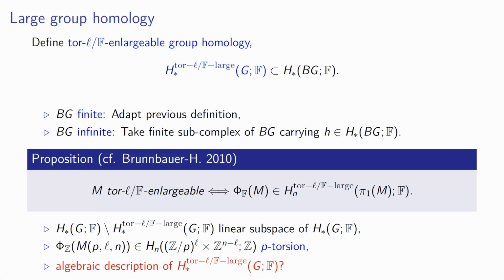At this point, one could ask, is there any purely algebraic description of this large group homology? Of course, this is a very vague question, and I haven't actually thought very deeply about it.